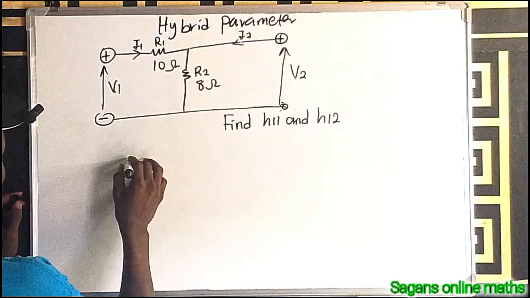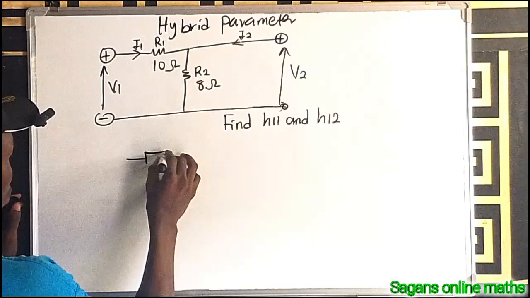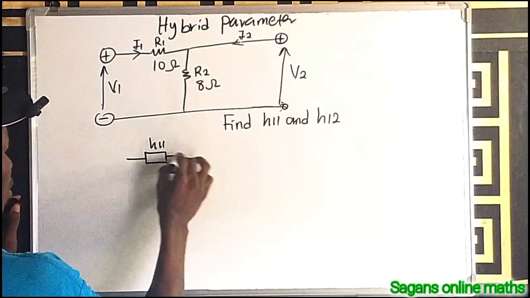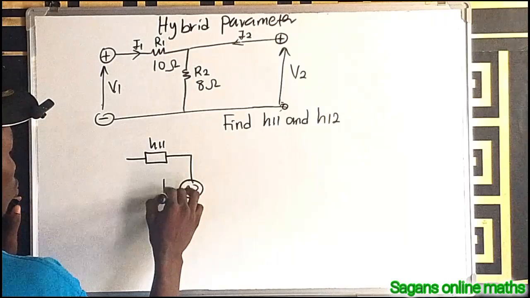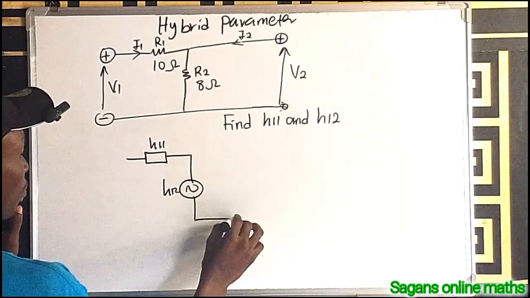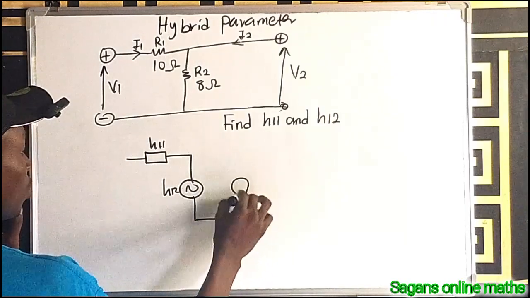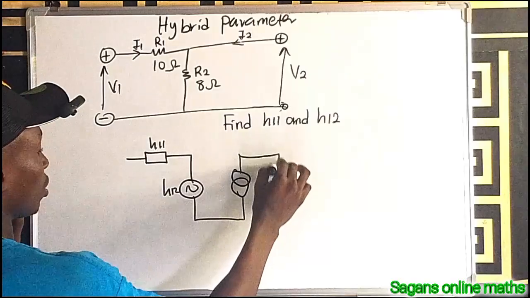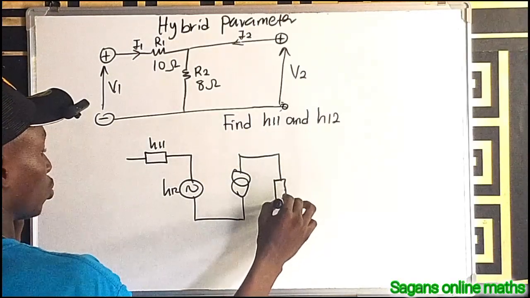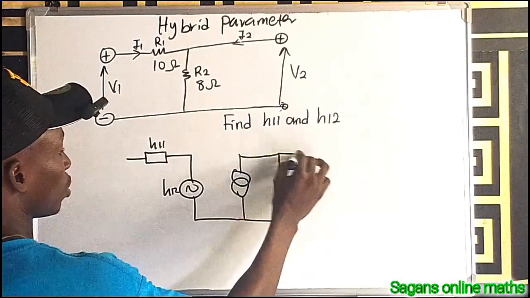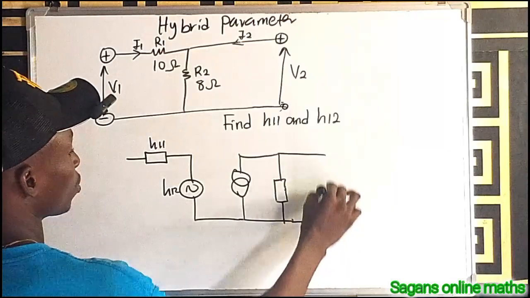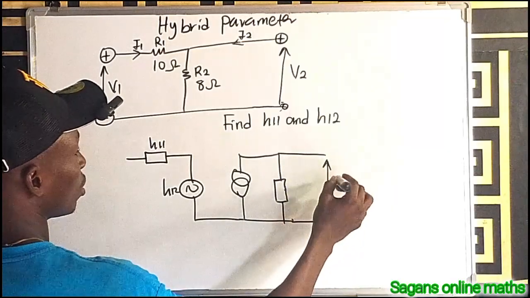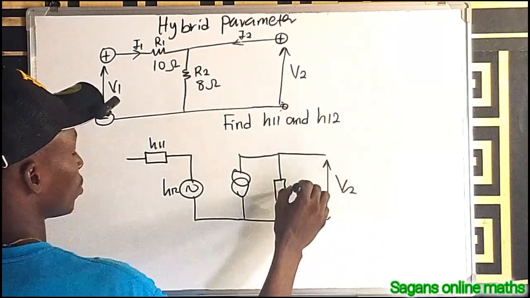Let me draw your mind to our equivalent circuit of this h₁₁. Then we have our h₁₂, then h₂₂, and then we have our output. This is our V2.